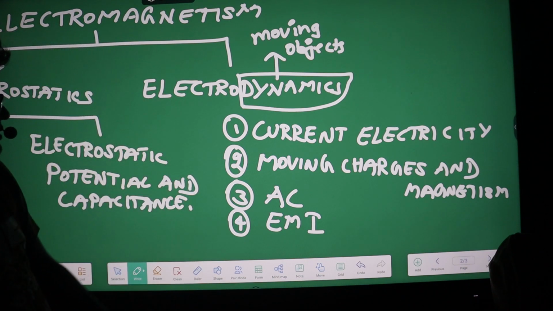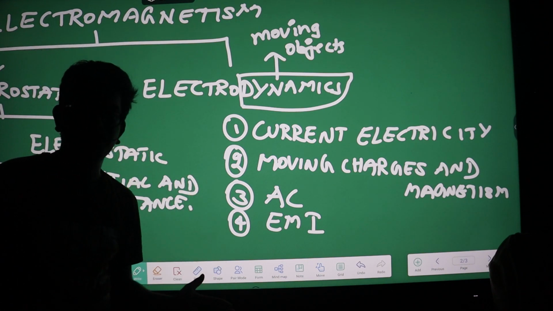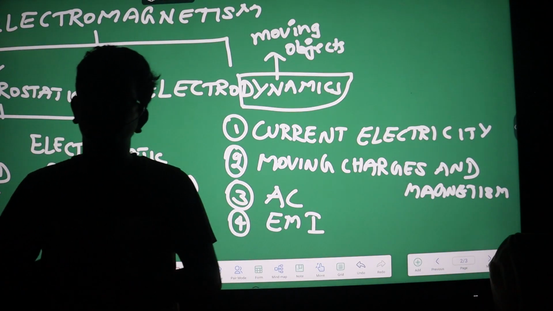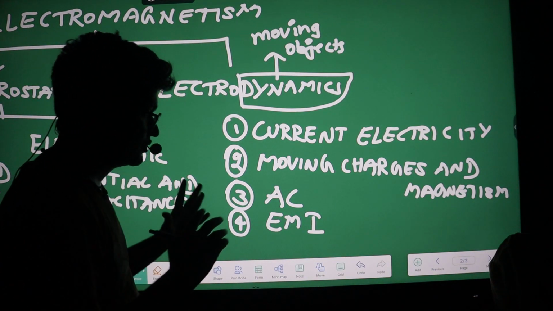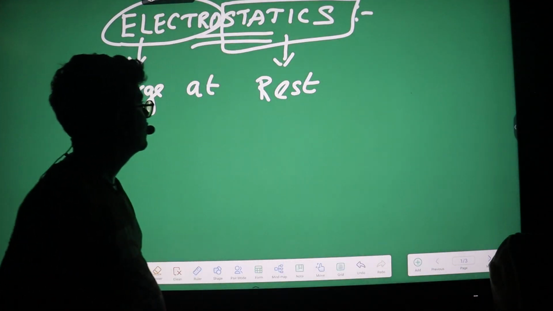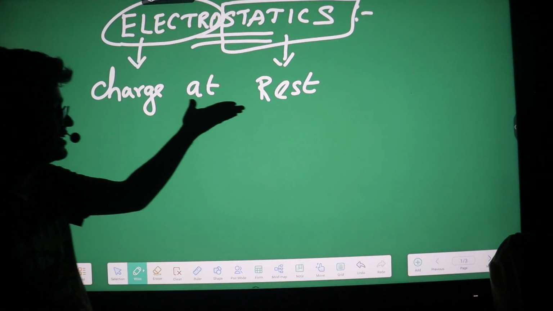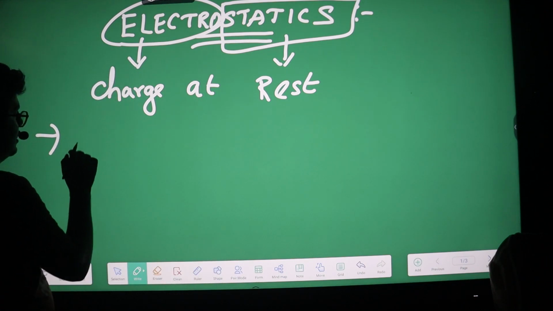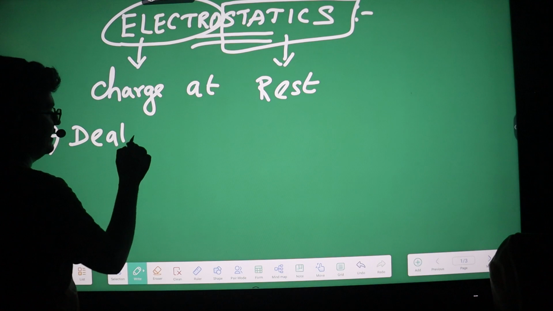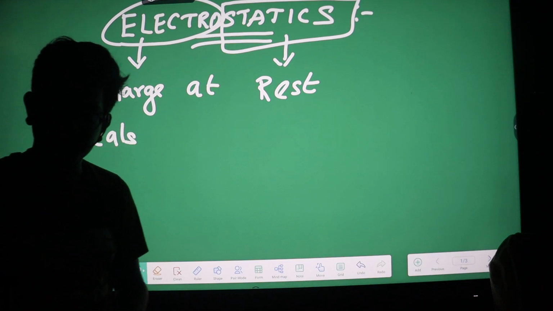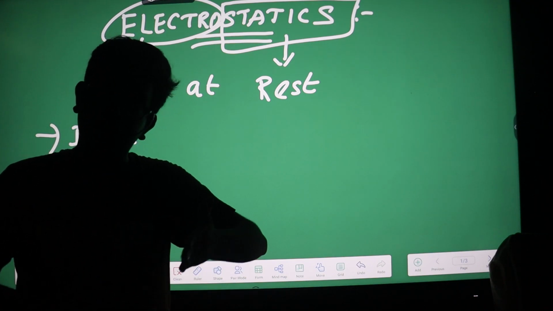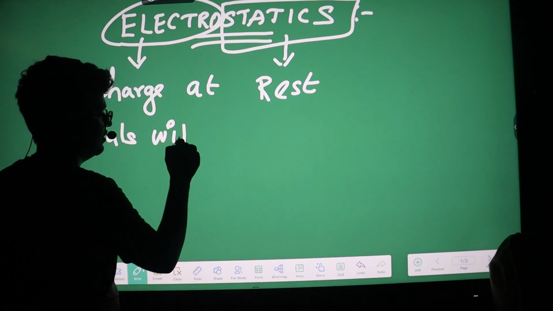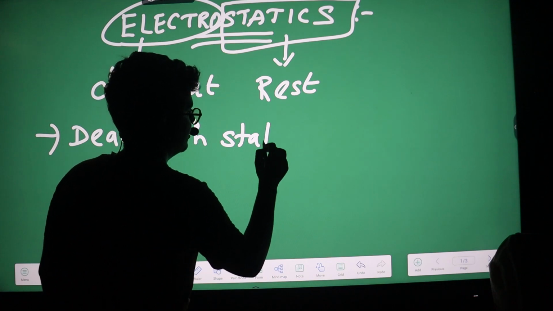So in electrodynamics we are going to see all these chapters, and all these chapters are there in your first volume of physics. It is the introduction lecture for the first volume of physics, and I just defined electrostatics, a branch of electromagnetism which deals with static charges.